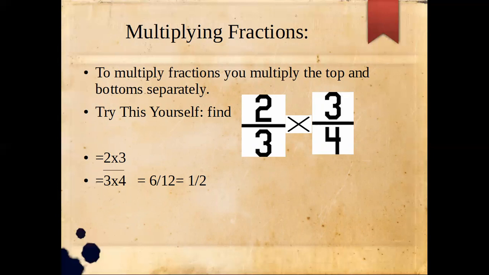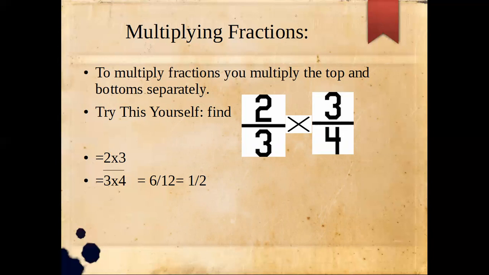There is a simpler way you can do this, and it's quite a handy trick to know. Once we've made it one fraction, if we've got the same number on the top and bottom, we can just get rid of them. So we've got a 3 on the top and a 3 on the bottom, so we can just get rid of them.